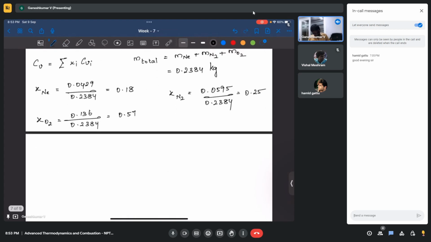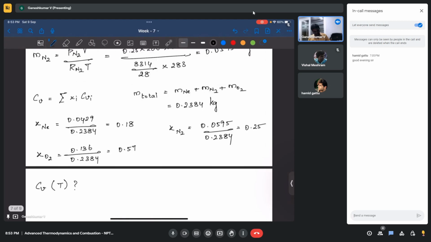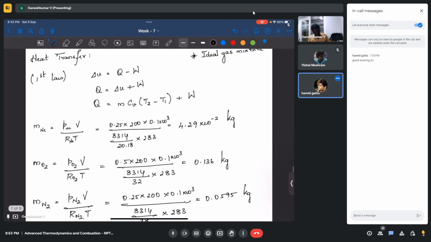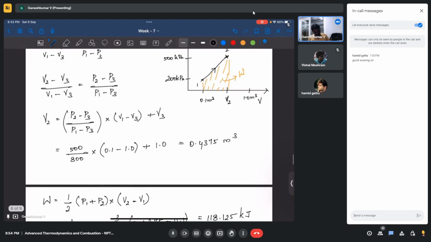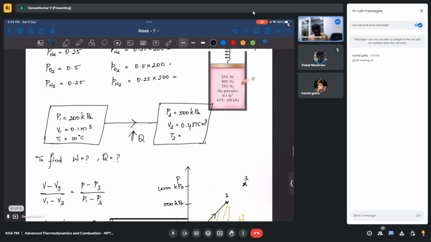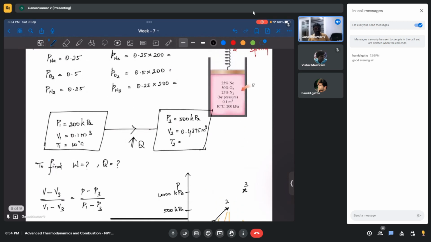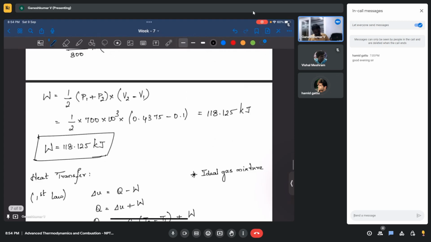Now we need to find CV. CV should be at a temperature. We need to find at which temperature, we don't know. We can find at T1, but it is better if you find it for an average temperature. For that we need to know T2.